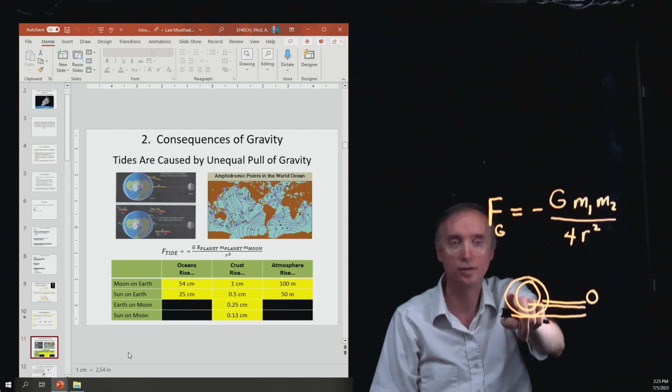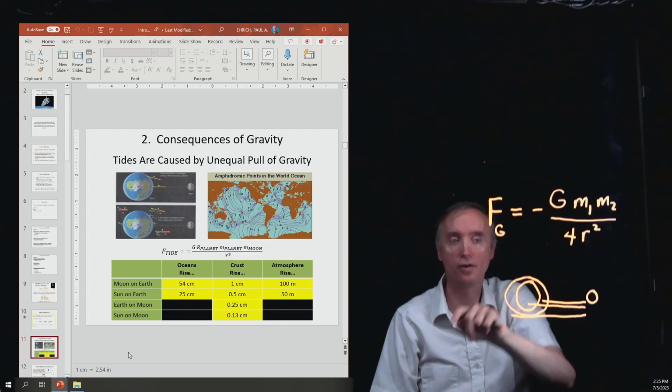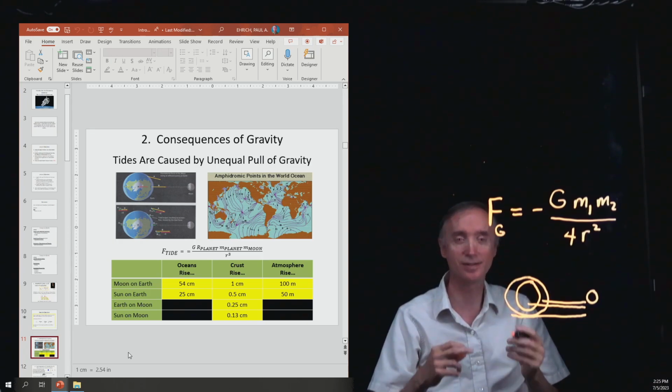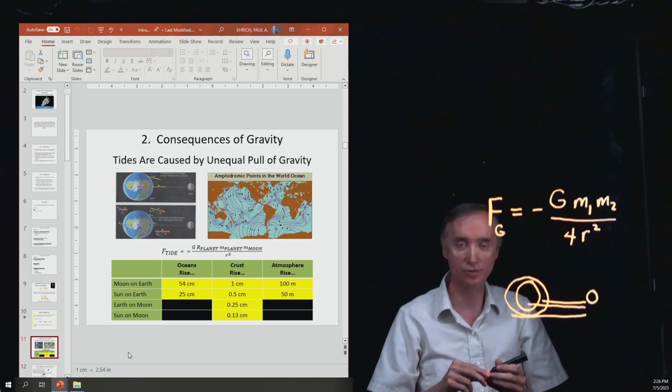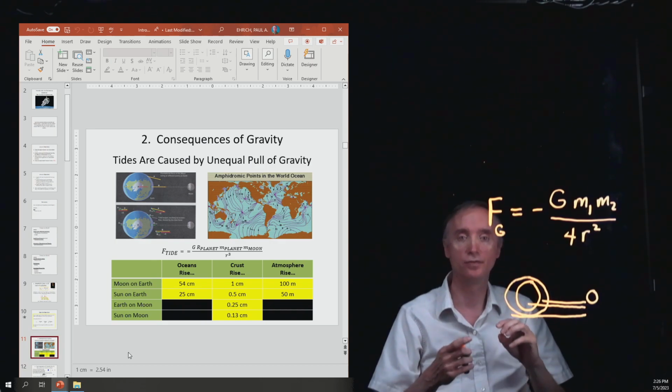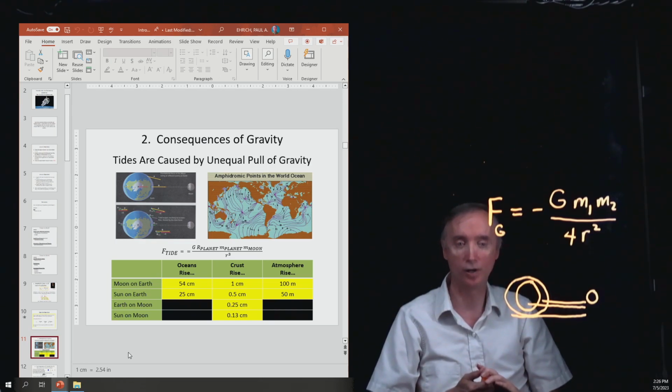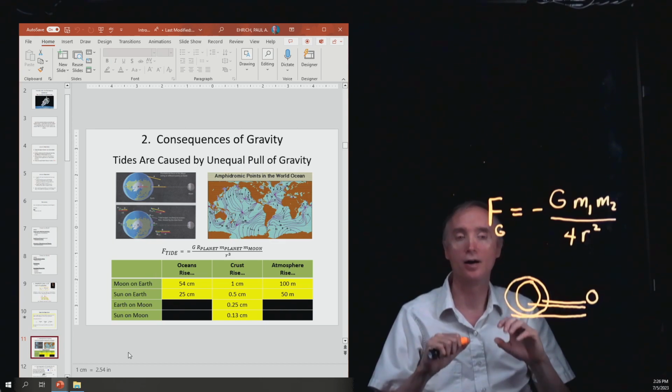It's just that this one doesn't move as much because it's so far away. That was the very simplistic explanation for the tides. So if you want a more detailed explanation for what causes the tides, then take a meteorology course on that.